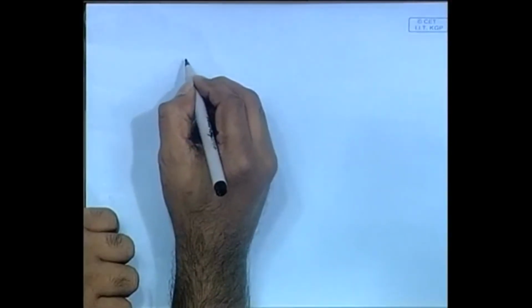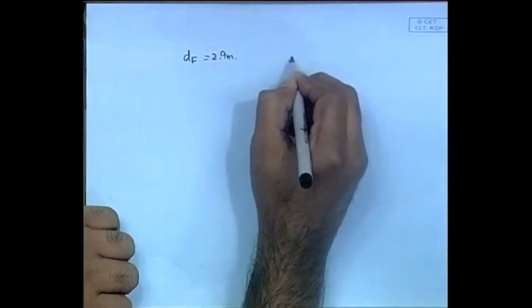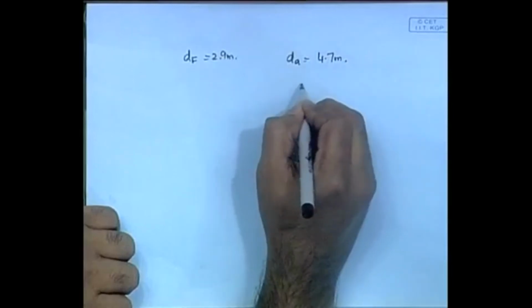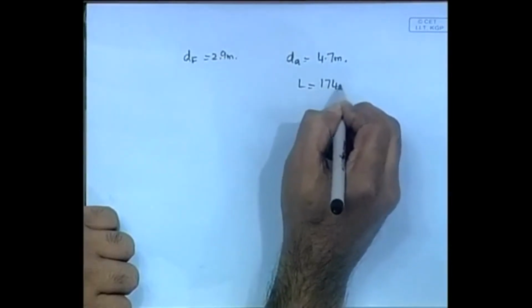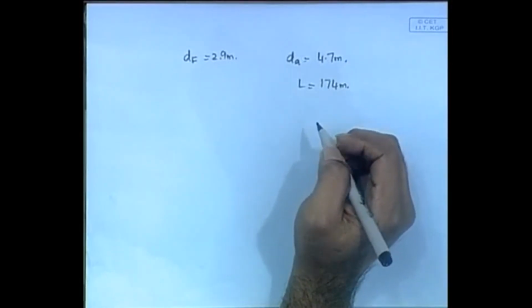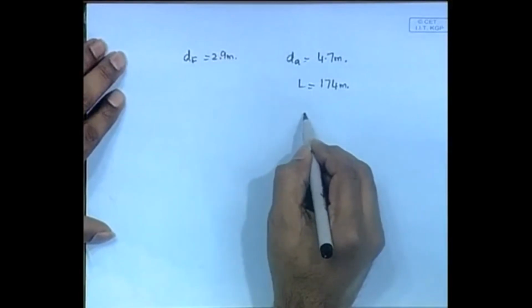One more problem. You are told that there is a vessel floating at draft forward equals 2.9 meters, draft aft equals 4.7 meters, and the length of the ship is 174 meters. Then you are told that there is going to be a loading of cargo.